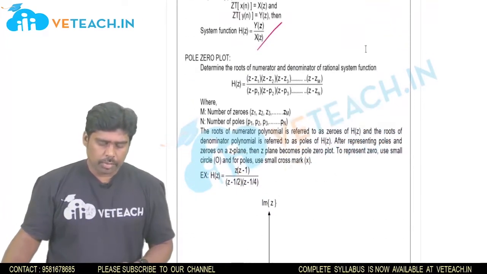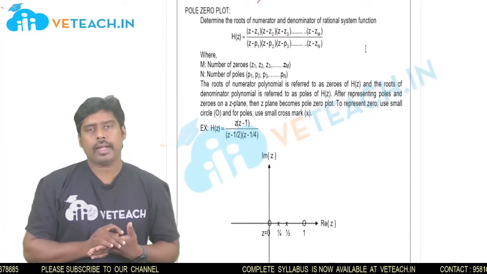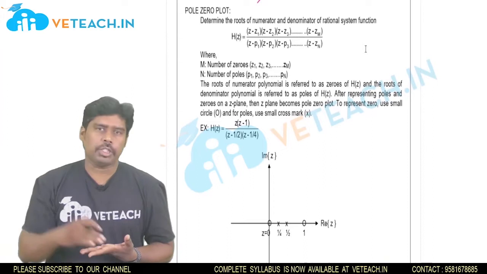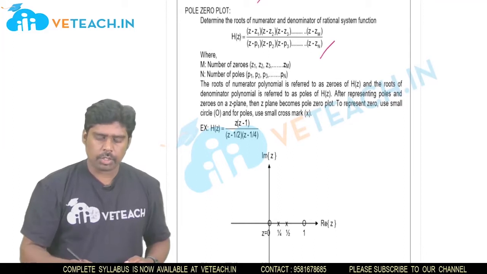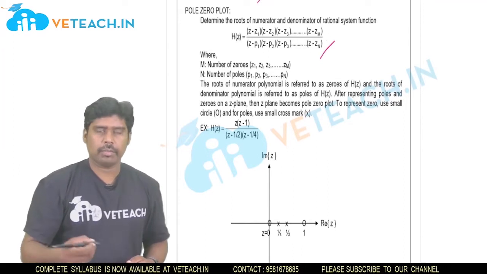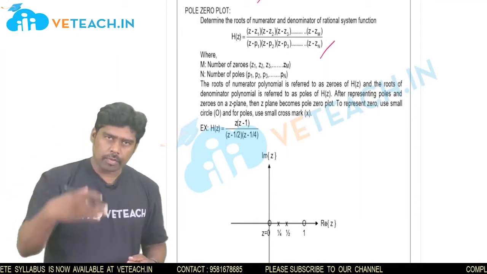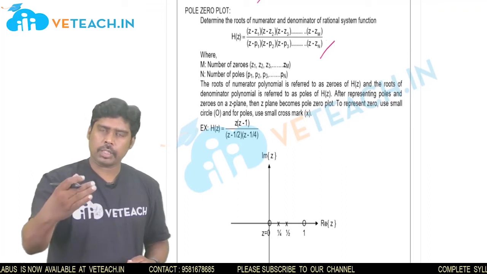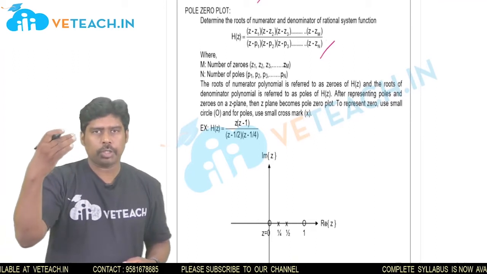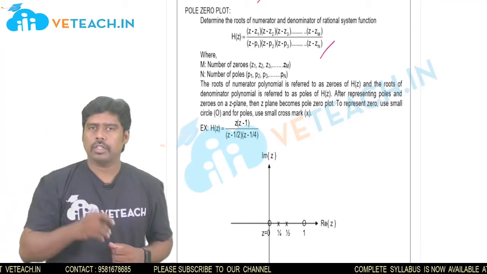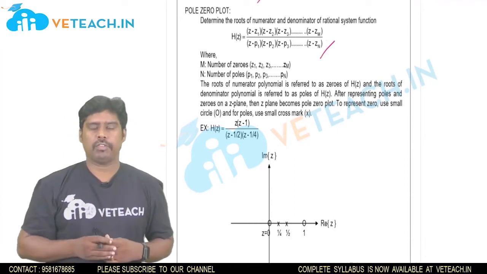Then after finding the system function, you can find poles and zeros. Poles are the terms related to the denominator and zeros are the values related to the numerator. If the system function is written like this, (z minus z1)(z minus z2)(z minus z3) in the numerator, and likewise in the denominator (z minus p1)(z minus p2)(z minus p3), then in the numerator z1, z2, z3 are known as zeros, z for zero, and in the denominator p1, p2, p3 are known as poles, p for pole.